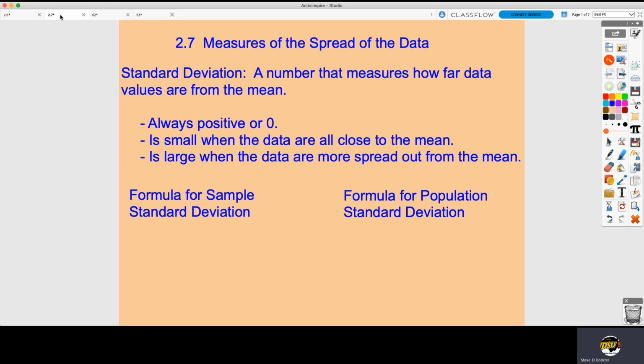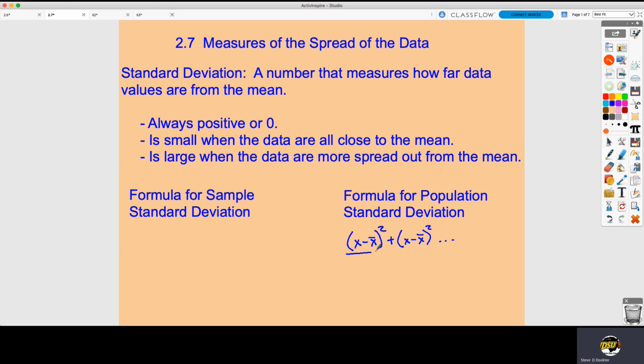All right, now, as I said, there are 2 formulas for standard deviation. The one that you guys did in the past was the population standard deviation, okay? And what that was we took each number minus our mean and then squared it, and then we added that to the next number minus the mean and squared it, and we keep going until we get all of the numbers in there.